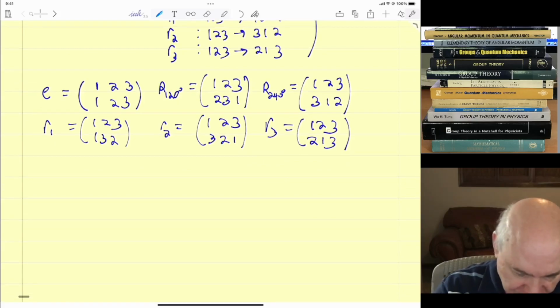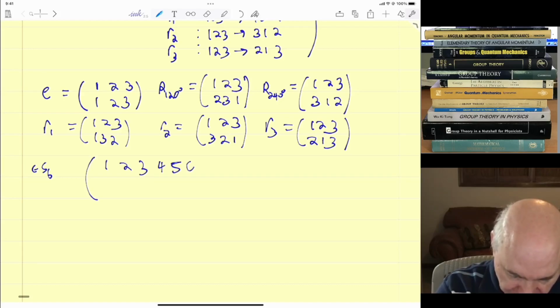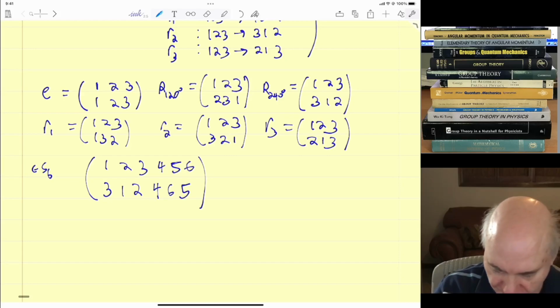If we had an element of S6, we might have something like 1, 2, 3, 4, 5, 6 goes to 3, 1, 2, 4, 6, 5. So that's how we would describe an element.